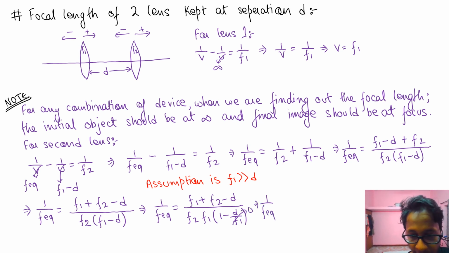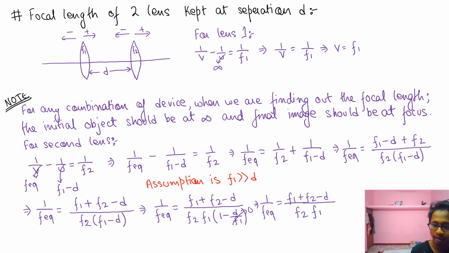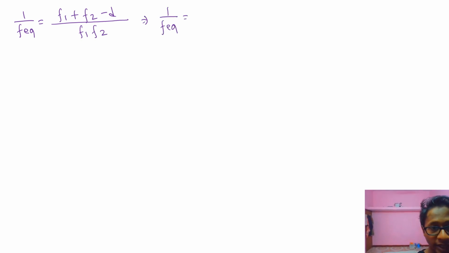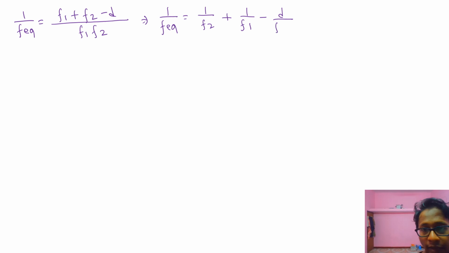So 1 by f equivalent is equal to (f1 plus f2 minus d) divided by f2 f1. If we simplify, 1 by f equivalent is equal to 1 by f2 plus 1 by f1 minus d by f1 f2.